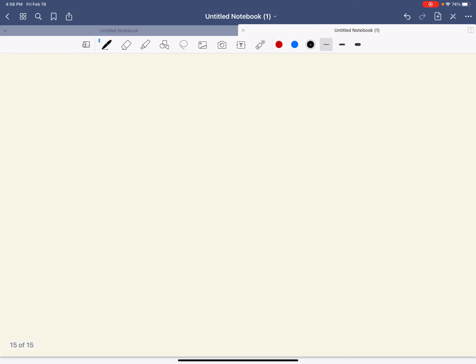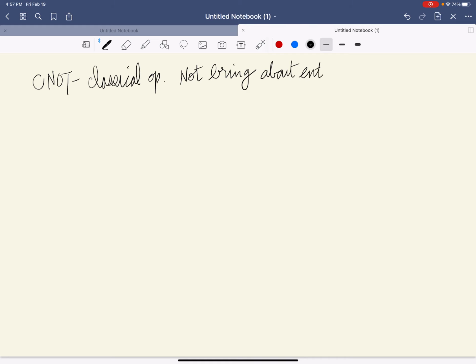Okay, of course Cnot is a classical operation. It does not bring about entanglement. And you can also check that from the fact that Cnot operating on 0, 0 gives 0, 0.